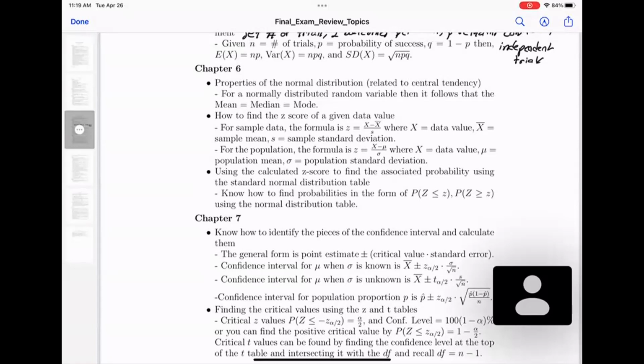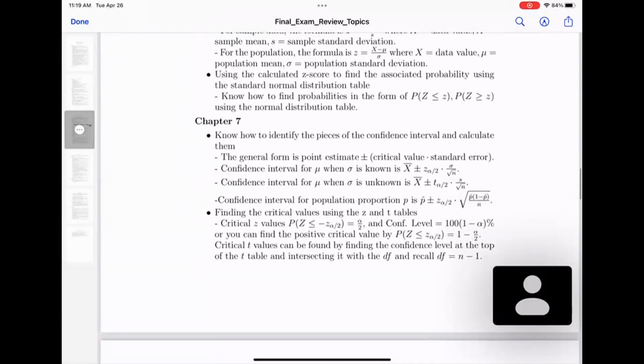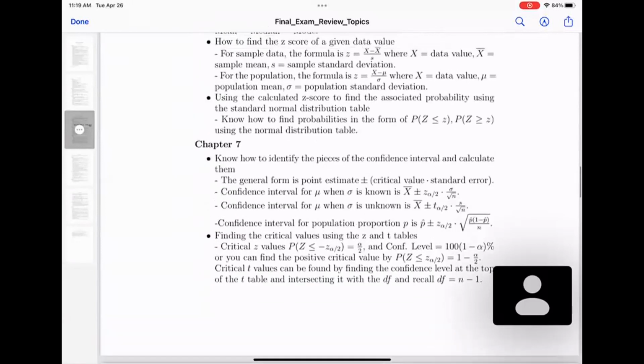You should probably expect a question on the exam that says find the corresponding z-score and the associated probability. So that is probably the one that people get most often on the exam. Then you should be able to use the calculated z-score to find the associated probability in the standard normal table.